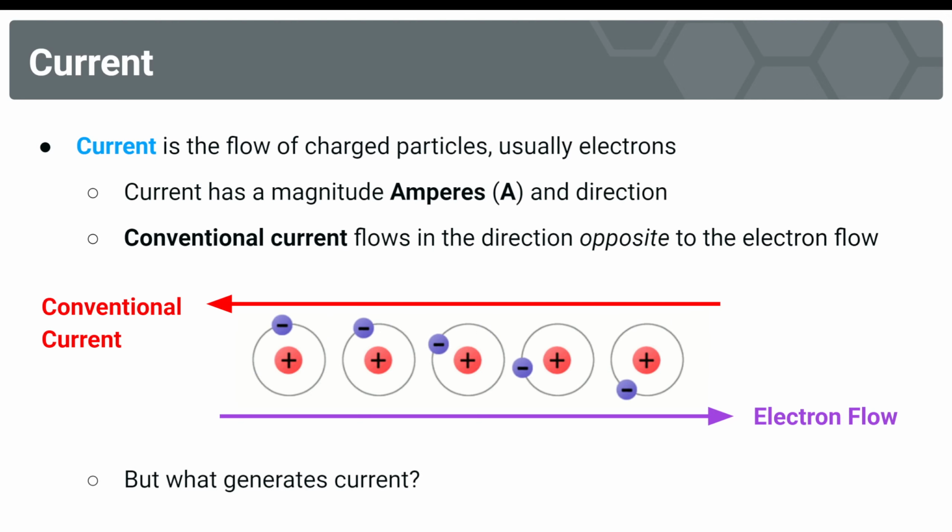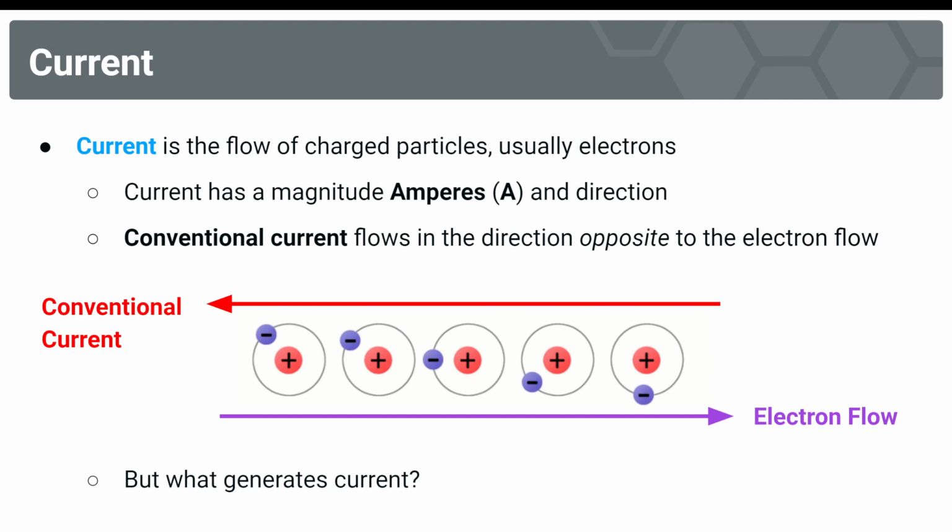Current has a magnitude, which is measured in amperes, and it also has a direction. And an important concept to remember here is that while electrons flow in one direction, we've measured conventional current to flow in the direction opposite to the electron flow.